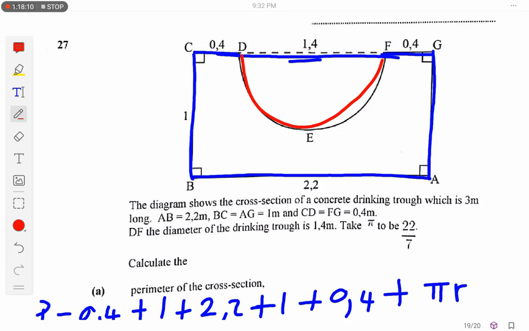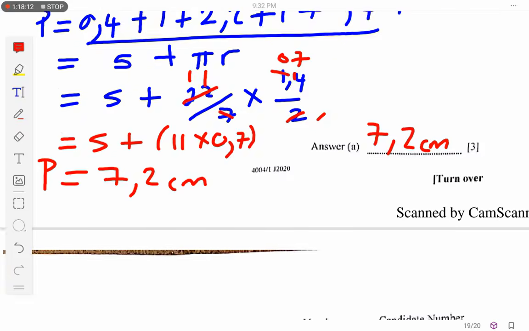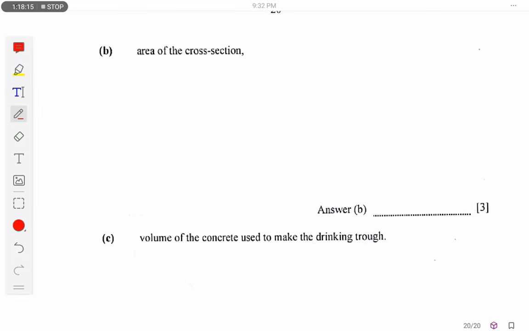So I can calculate and say area of the cross section is going to be area of the rectangle minus area of the semicircle there.